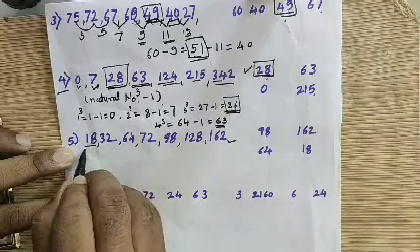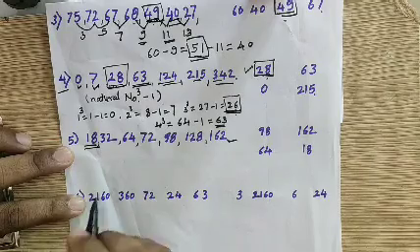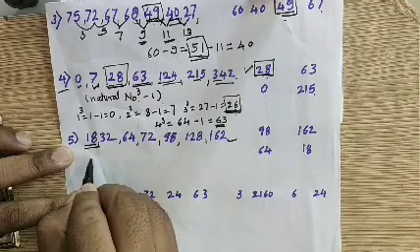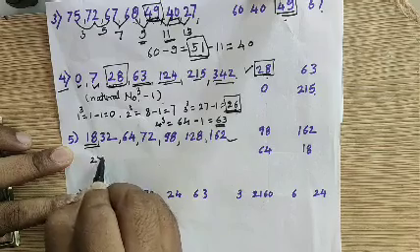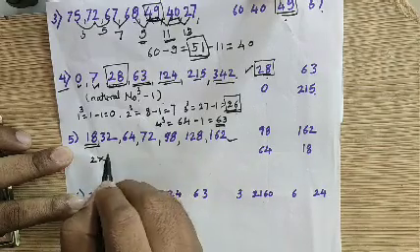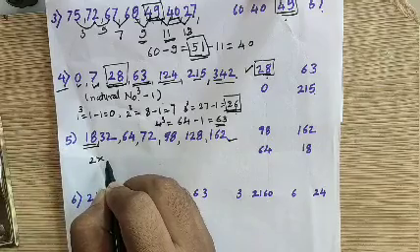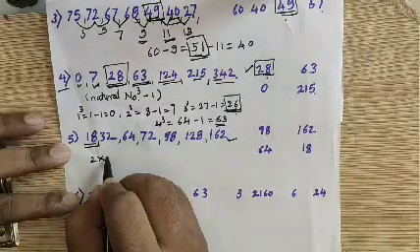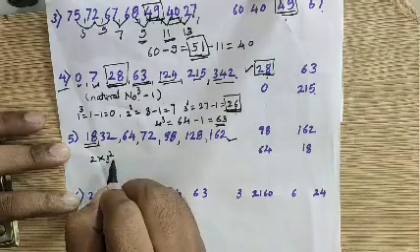So the first number is 18. For 18 there is a pattern of multiplied by 2 multiplied by square of 3.